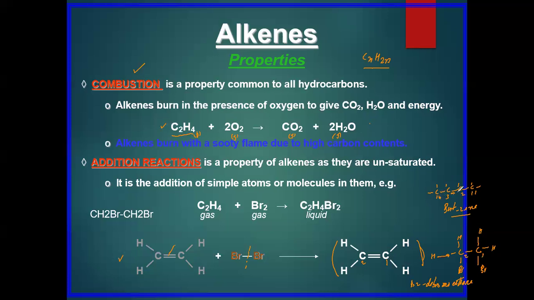So the position of the double bond is after the second carbon. That's why we write but-2-ene. Hope you understand. The naming of alkenes or organic compounds is usually not asked in the CAIE examination, but you need to know the chemical properties of alkenes.